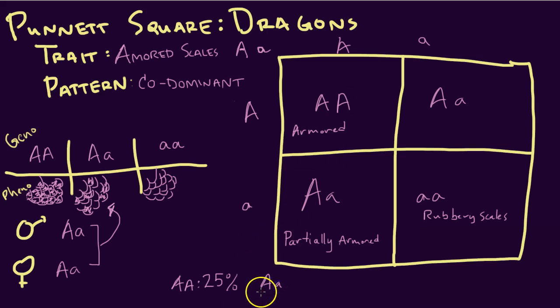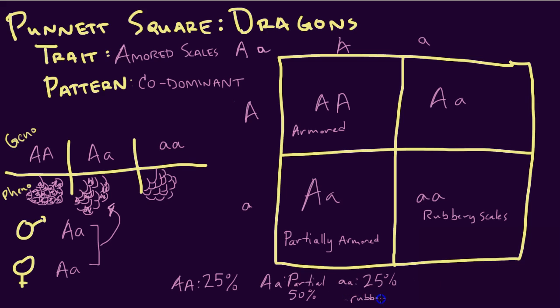For the big A, little a, the heterozygous, we have 2 out of the 4 that it's going to be partially armored. And then for little a, we have also a 25% chance. Oh, I just realized this should be 50. We have a 25% chance of these rubbery scales.